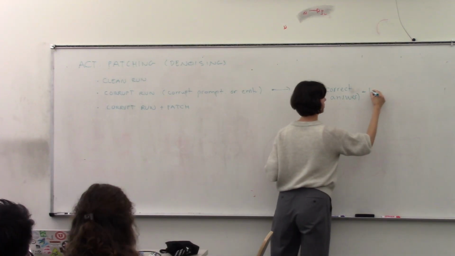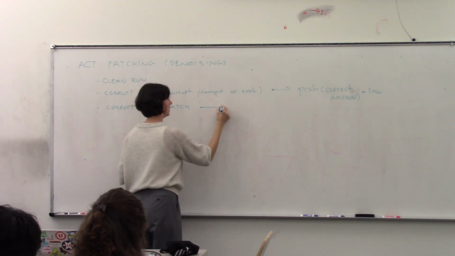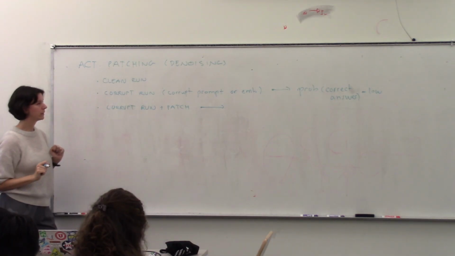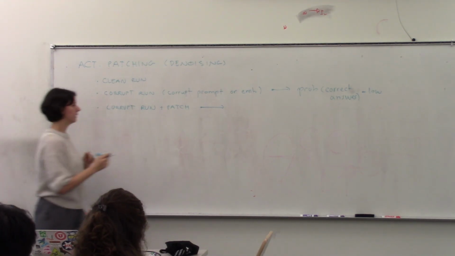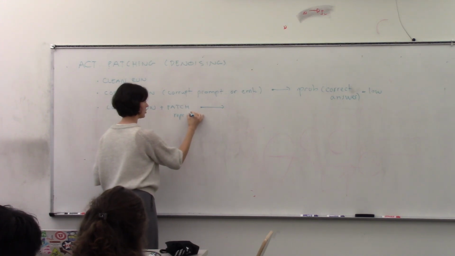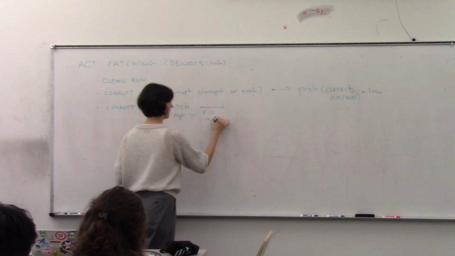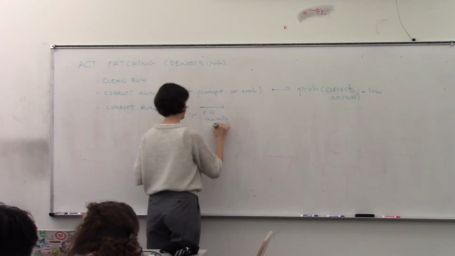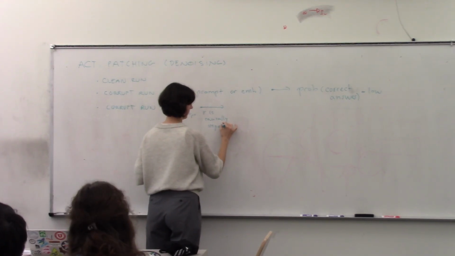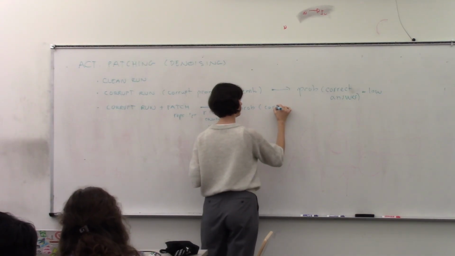So this is going to be low, and when I have this version of my forward pass, and I patch the representation, let's call it R, if R is causally important, what would happen with this probability?